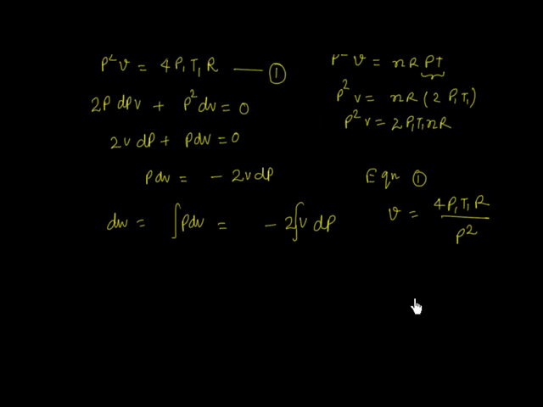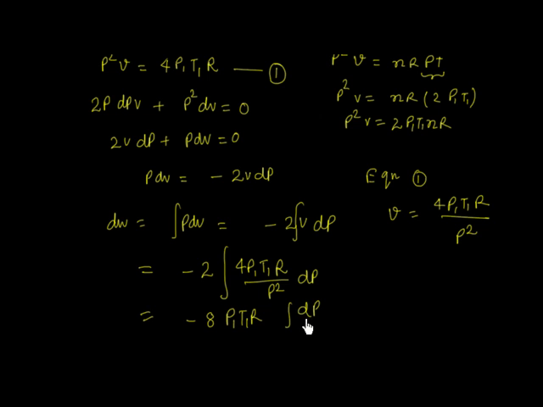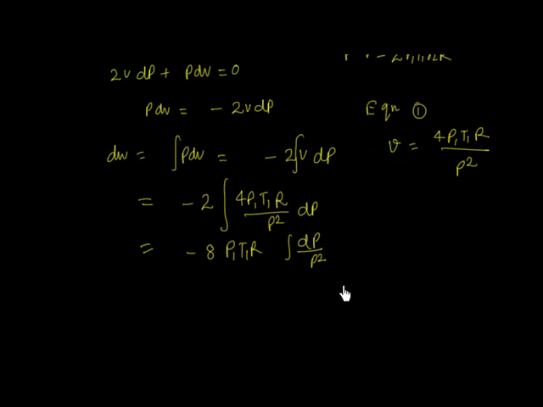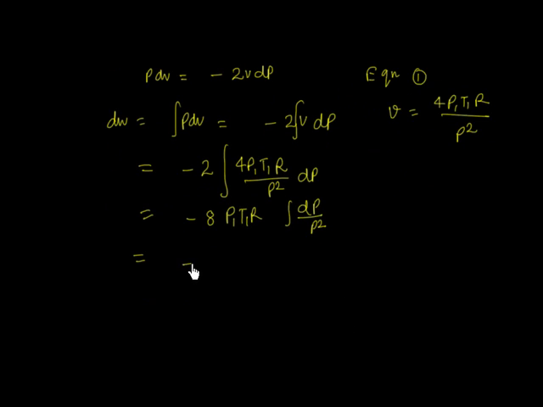If I plug this value of V in this equation, dW becomes minus 2, and this V is simply 4P1T1R, into R, and this divided by P square dP. Now things are basically constant, so I can take outside. So this is 8 P1T1R, and this is simply dP by P square. Integral of 1 by P square is minus 1 by P, so minus minus plus.